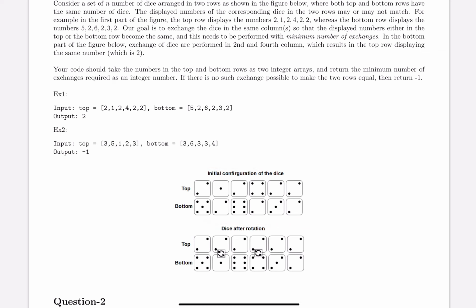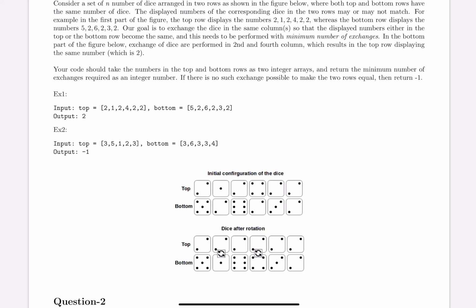So see the example. This is 2 1 2 4 2 2, and this is 5 2 6 2 3 2. When you exchange this column, you get 2 in the top row, and here you get a 2 in the top.